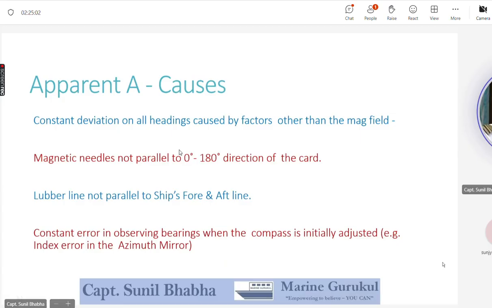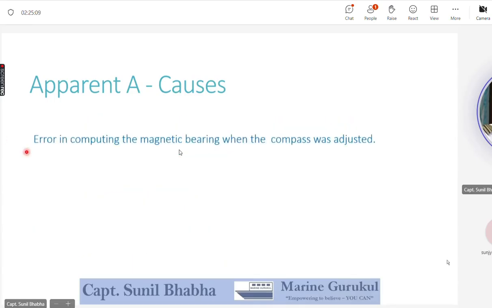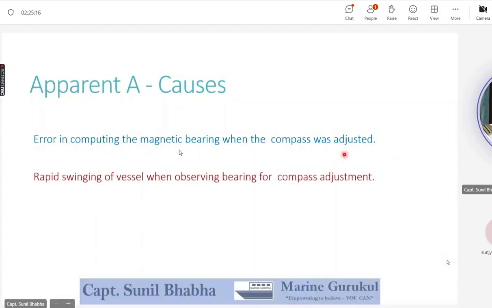Moving ahead now. Further reasons could be error in computing the magnetic bearing when the compass was adjusted, or rapid swinging of the vessel when observing the bearing for compass adjustment. It is recommended that whenever we are doing the compass adjustment, the vessel should not be swung rapidly. It should be steadied on a particular heading before noting down the deviation.